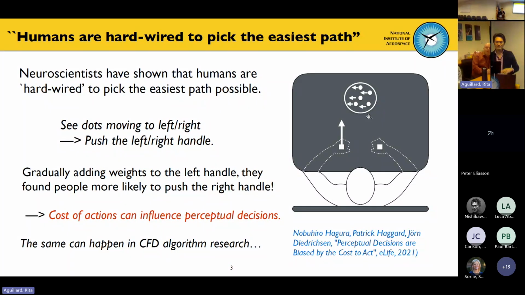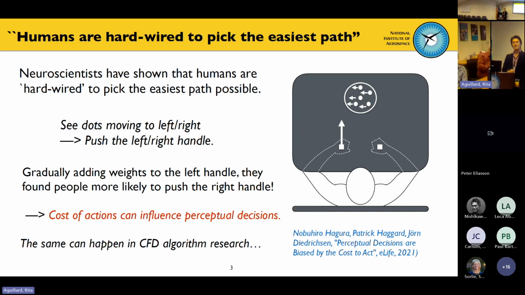There are two handles, left and right. If the dots move to the left, you push the left handle, and if you see dots moving to the right, you push the right handle. It's pretty easy and straightforward.